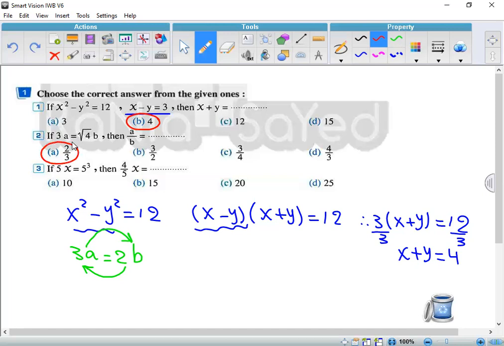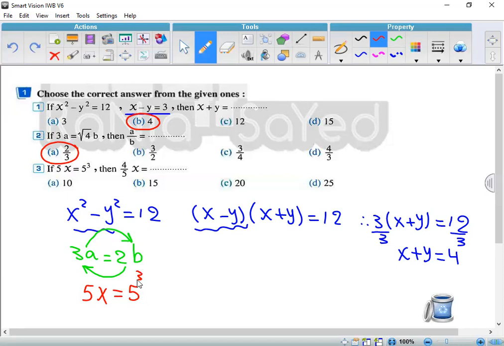Number 3. If 5 power x equals 5 power 3. What does this mean? He tells us that 5 power x equals 5 power 3.